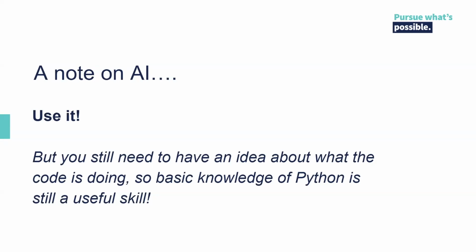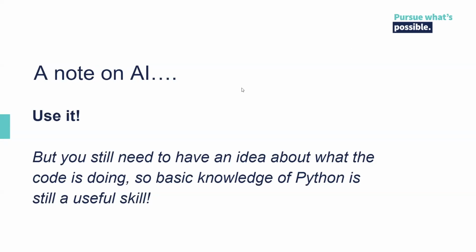I use AI all the time when I'm writing code, especially if I know this is an easy thing: let me just have AI write it for me real quick. I'll take that code snippet, put it into my script, and then adjust it a little bit to do the thing that I actually need it to do. AI doesn't always know exactly what you want it to do, so that's still up to you, but AI can be a great tool to get you past the hump of not even being sure where to start.